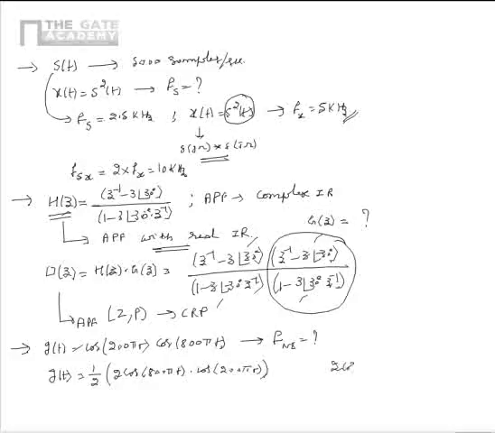We know that 2 cos A cos B is equal to cos(A+B) plus cos(A-B). From this, g(t) can be written as half multiplied by [cos(1000πt) plus cos(600πt)].